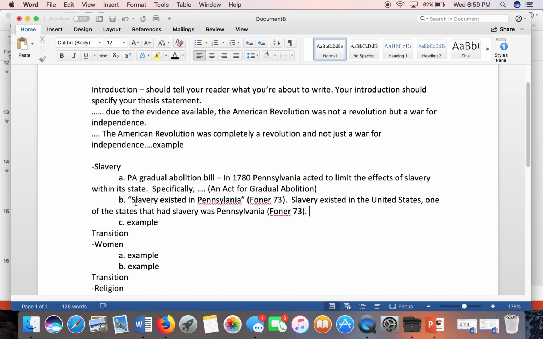Foner's exact sentence, and again, I'm making this up just for these purposes, was that slavery existed in Pennsylvania. Because that was the exact sentence, I put it in direct quotation marks. Here, this was what Foner said, and I put it into my own words. Slavery existed in the United States. One of the states that had slavery was Pennsylvania.